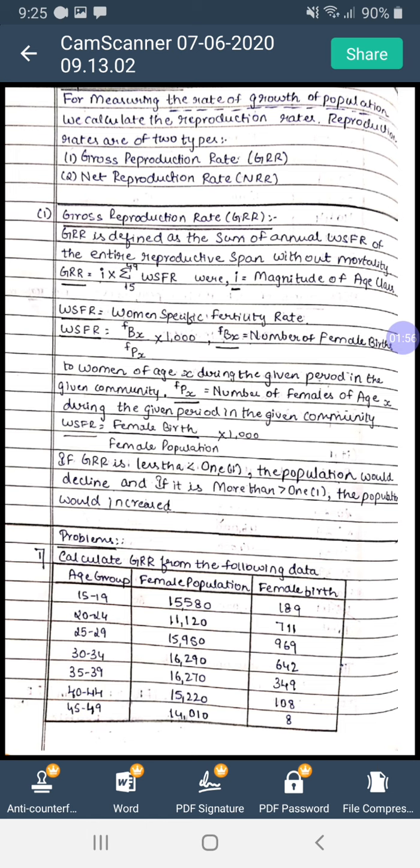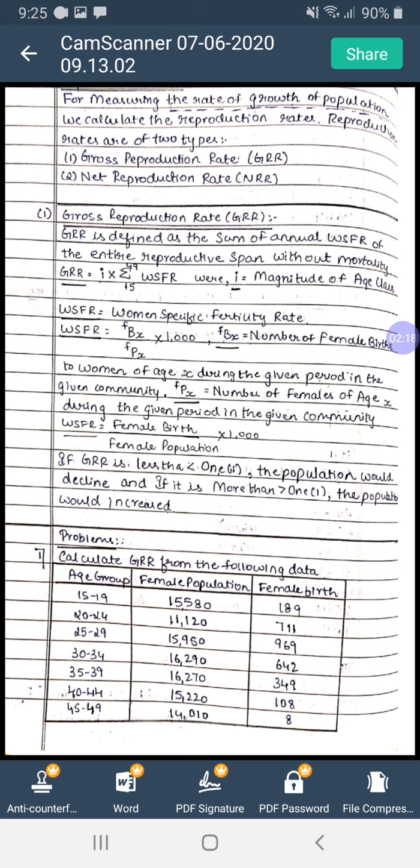Now what we need to see is what i stands for. i stands for the age classification, the gap of the age. For example, 15 to 19, 20 to 24, that gap.